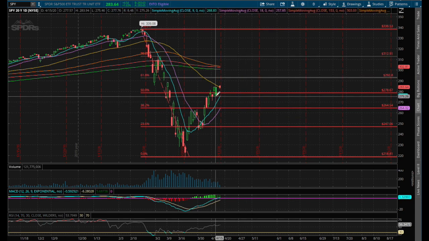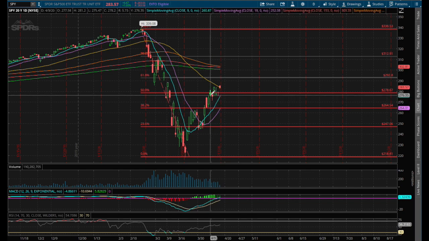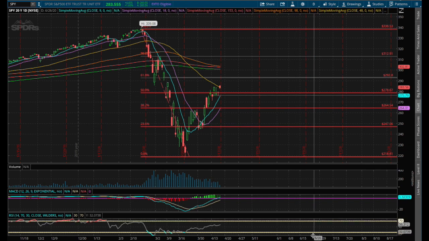So for support, if we do manage to reverse from here and head down lower, the next support will be around the 9-day moving average, this blue line. It was previous resistance last week, and we managed to gap up overnight. So since we're above resistance, that now acts as our support, and that support is around $276.35.